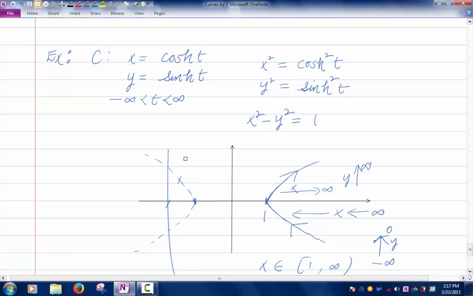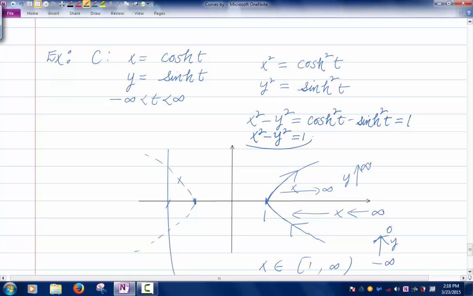Do we know an identity involving hyperbolic cosine squared and hyperbolic sine squared? Yeah, if I look at x squared minus y squared, I'm going to get hyperbolic cosine squared t minus hyperbolic sine squared of t, and we know that it is 1, right? So the equation that I am getting is x squared minus y squared equals 1.